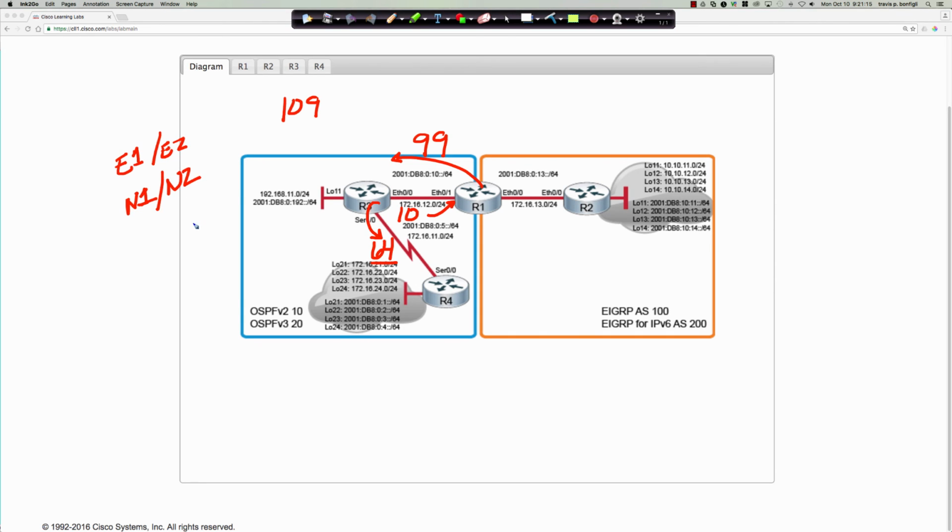So N1, N2, right? And we take into account the cost of that outgoing link. We add in the seed metric, and we take into account the other outgoing link.